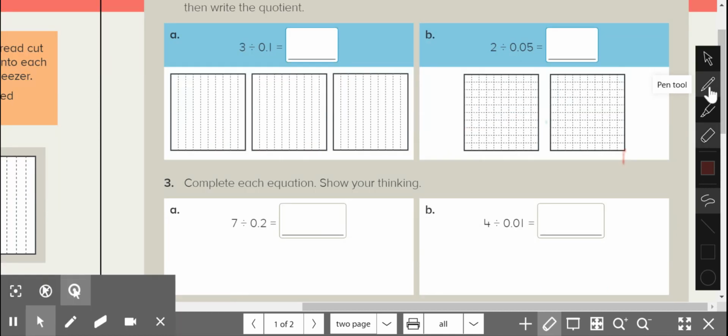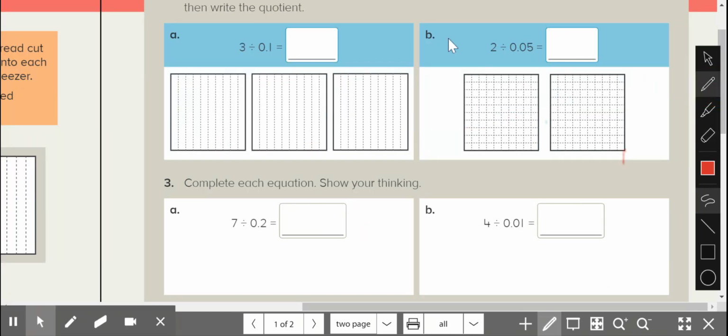Now, real quickly, I think if we can turn these into somewhat of money problems, that might help us out. Look at this one. If I put a 0 here, this looks like it could become a dime. So how many dimes are there in $3? Or maybe how many dimes are there in one of these? How many groups of 10?